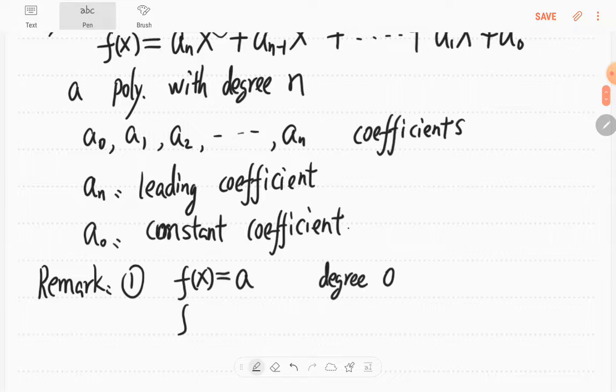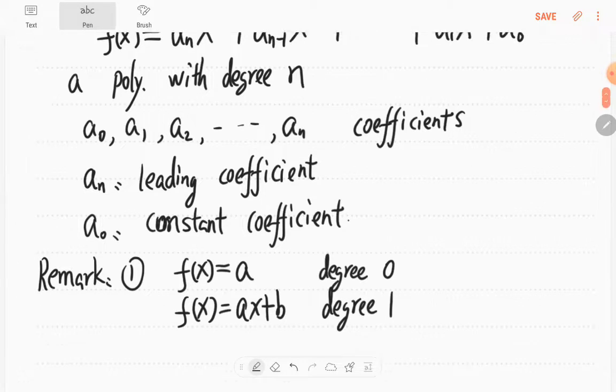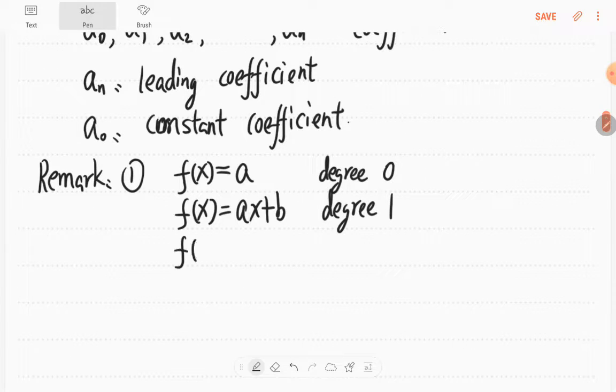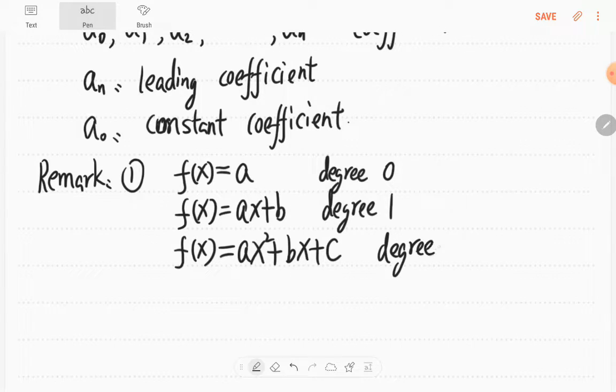And at the beginning I said, this is a linear function, a special polynomial with degree 1. And we have the quadratic function f of x equals ax squared plus bx plus c. This is the special polynomial with degree 2.